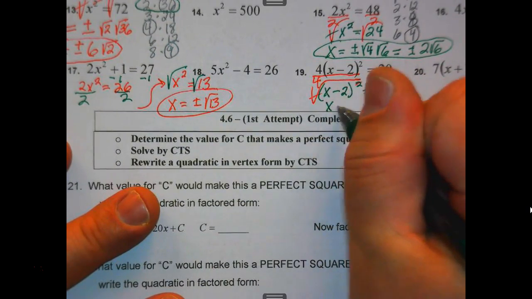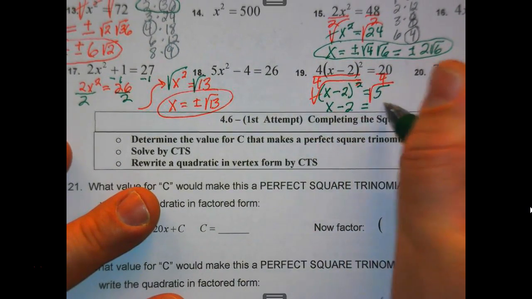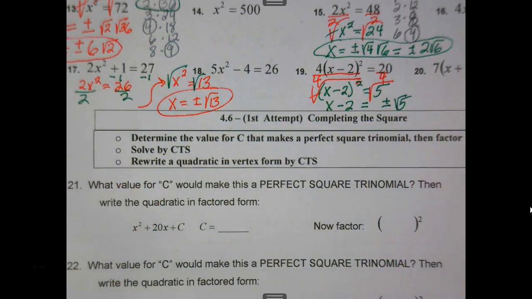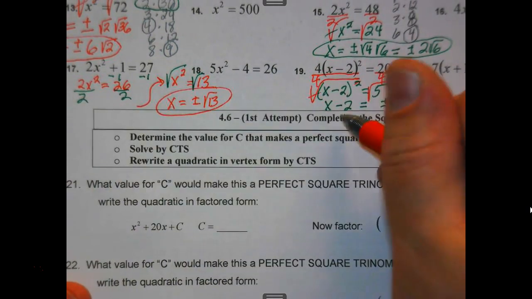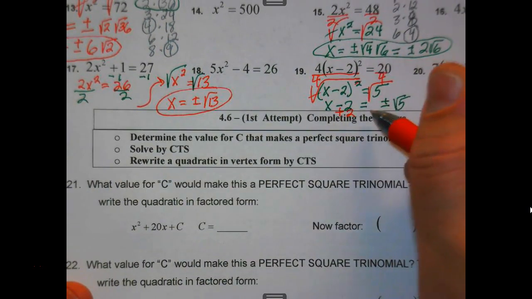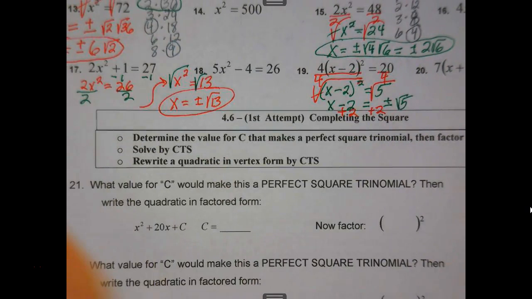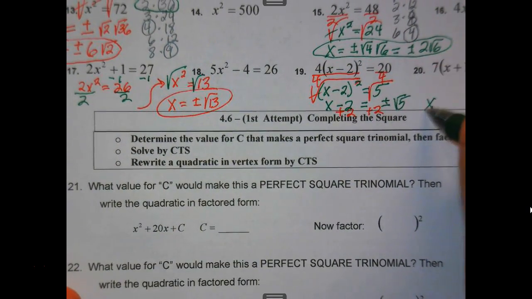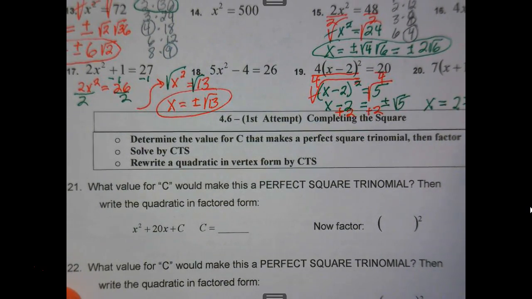I'm sorry, x minus 2 equals plus or minus square root of 5. Then add 2 to both sides. And remember, the 2 goes in front, right? The whole number or integer goes in front. So I get x equals 2 plus or minus square root of 5.